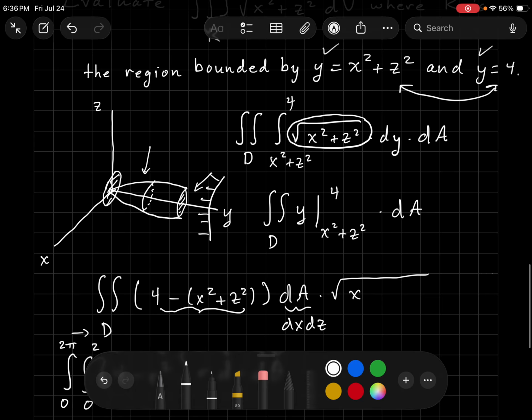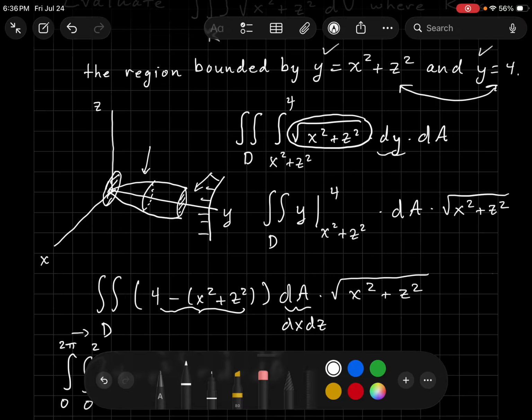Square root of x squared plus z squared. Because this part should have been right here as well, x squared plus z squared. Right, when we integrated the y part, that gave us this, but we left this part off.